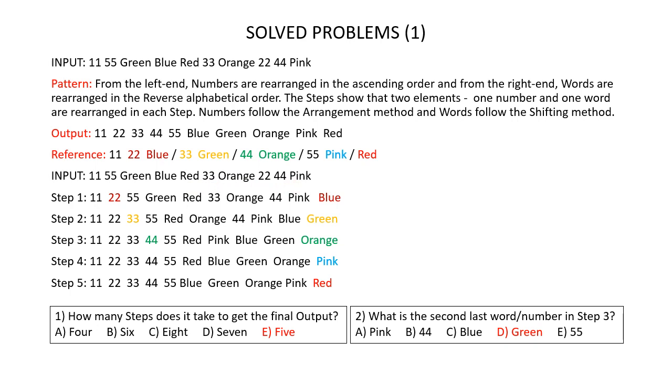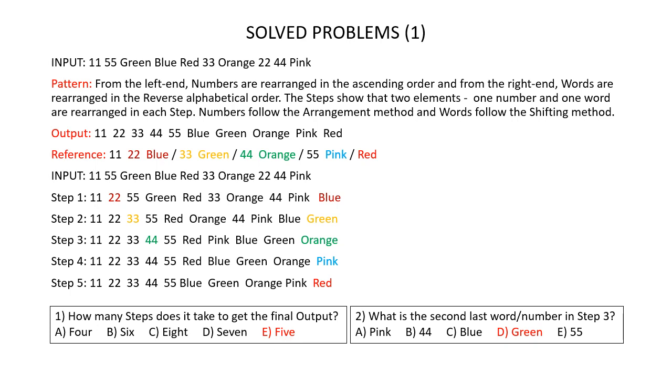Now, based on these rearrangement steps and the final output, let's answer the given questions. Question number 1. How many steps does it take to get the final output? Here you are given 5 options and you have to find out which of these options is the correct one.